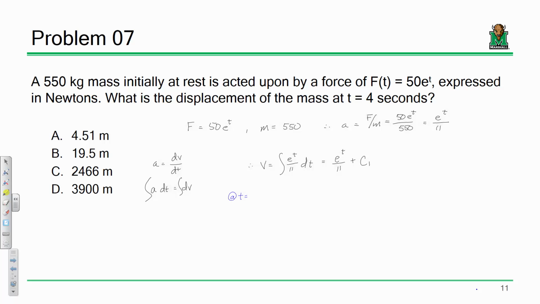At t equals 0, v equals 0. So v is e to the t over 11 plus c1. 0 equals e to the 0 over 11 plus c1. What is e to the 0? 1. So 0 equals 1 over 11 plus c1. C1 is minus 1 over 11.